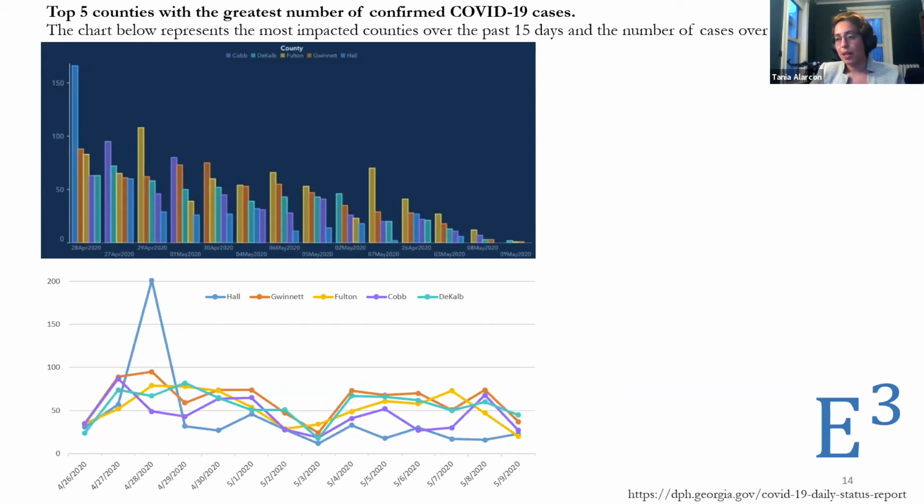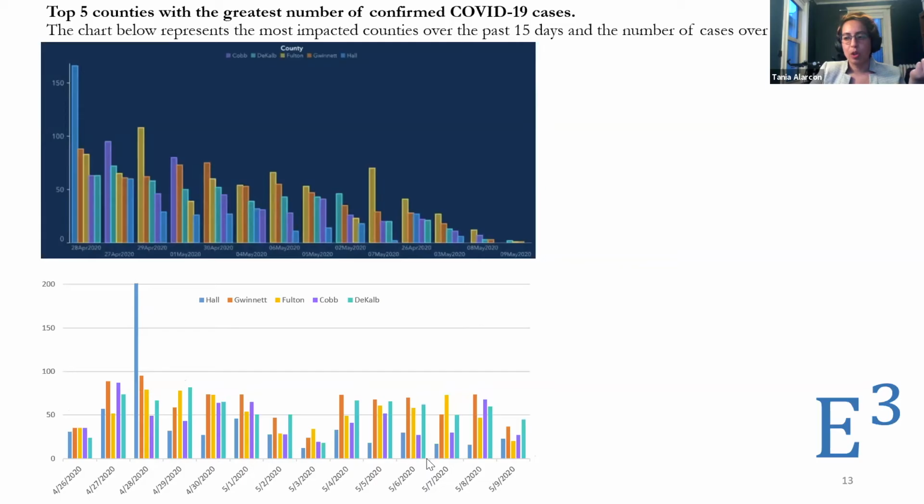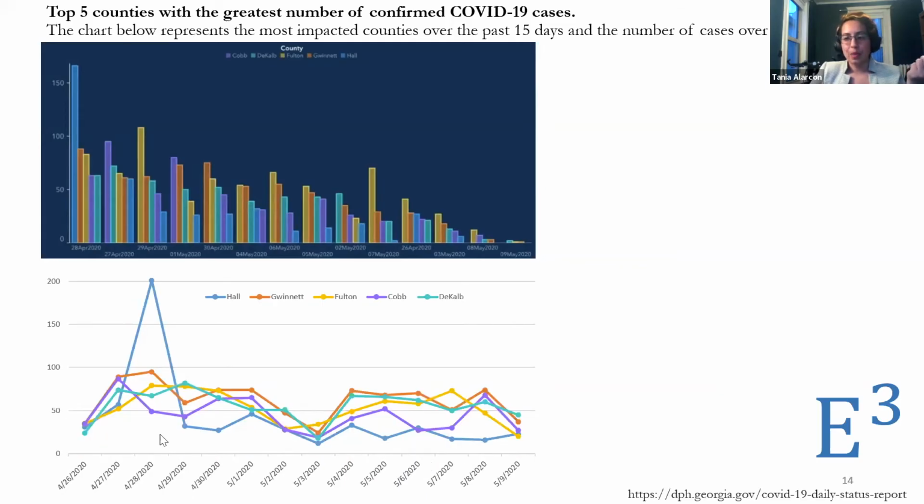You can create multiple different versions of the same graph and see what works best. This line chart allows me to follow a trend for each county a lot easier than a bar chart would. It's presenting the exact same information, but allows me to see trends a lot more easily.